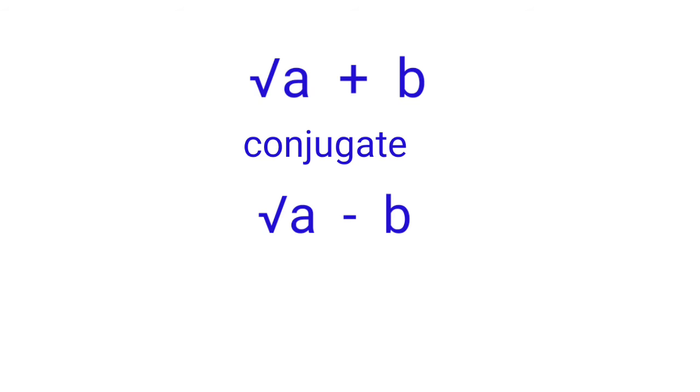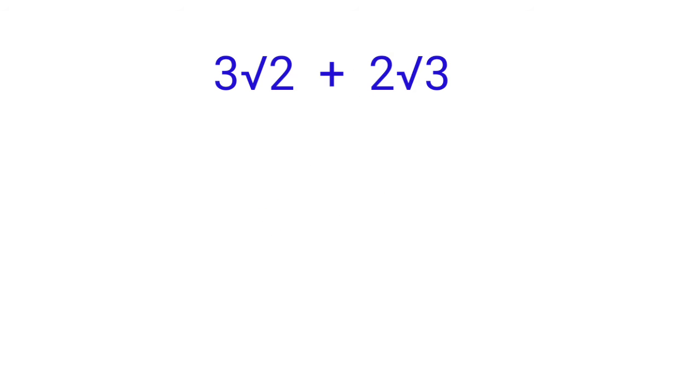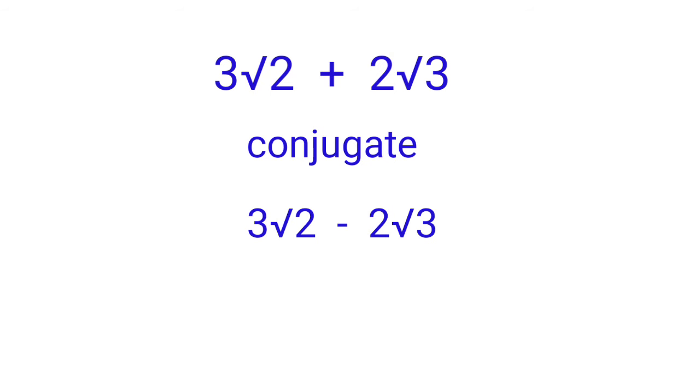Other examples, the conjugate of 3 root 2 plus 2 root 3 is 3 root 2 minus 2 root 3. The conjugate of 2 root 3 minus 1 is 2 root 3 plus 1.